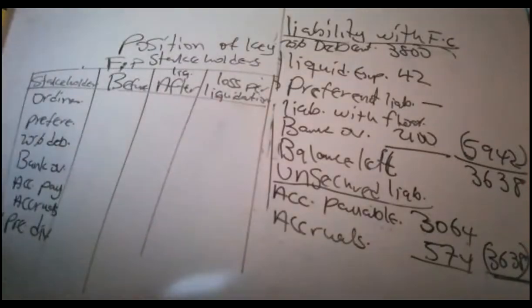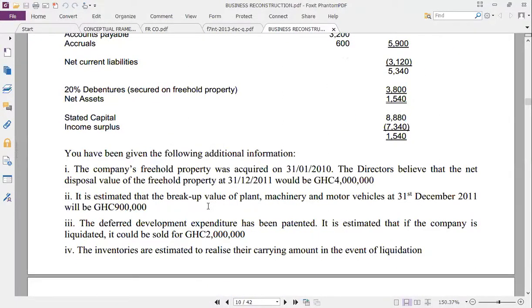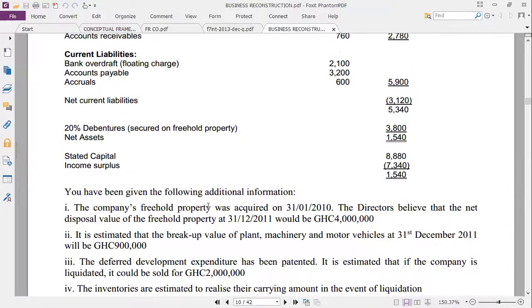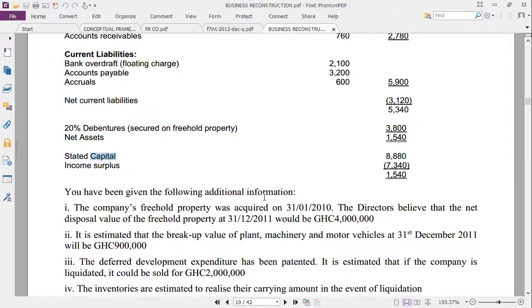Ordinary share and then preference share. Most often they'll give it to you in a footnote, either the first footnote or the last footnote. Have you seen this stated capital? This very figure 8880. They will give you the breakdown in the footnote.